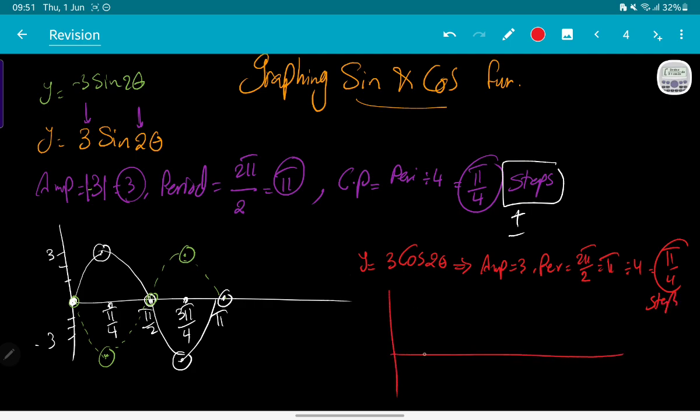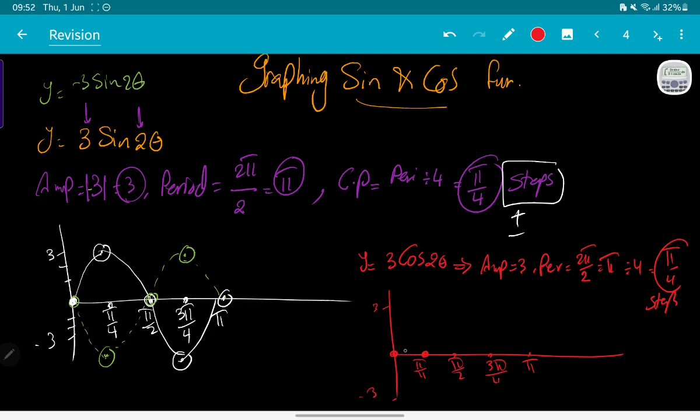But here to graph, we have pi over 4, pi over 2, 3 pi over 4, and this is pi, with 3 and negative 3.